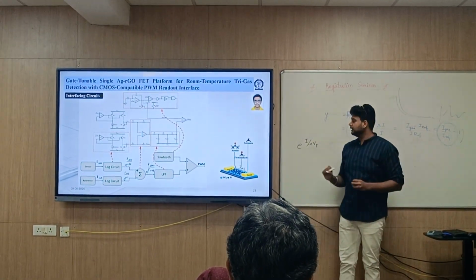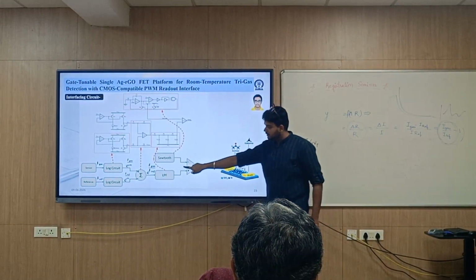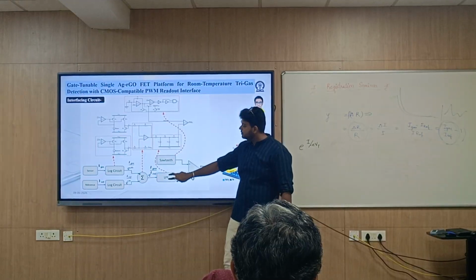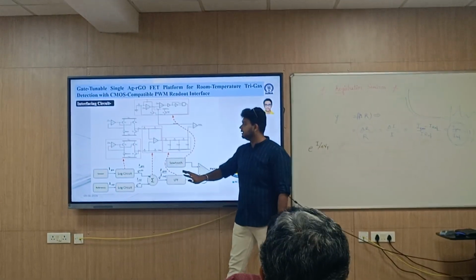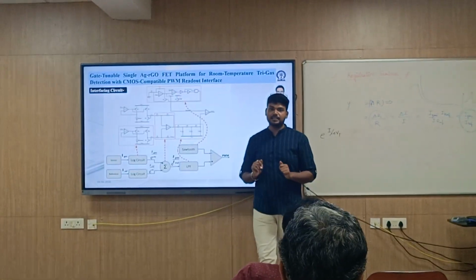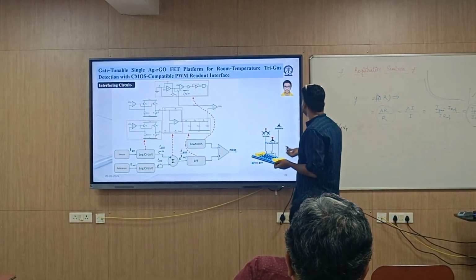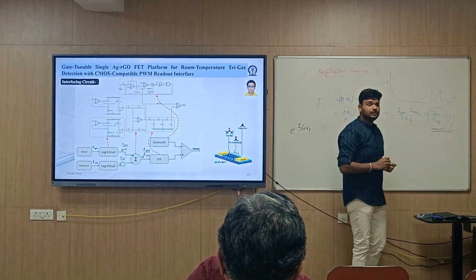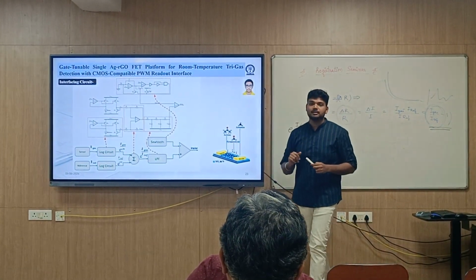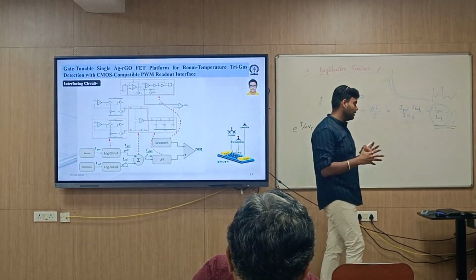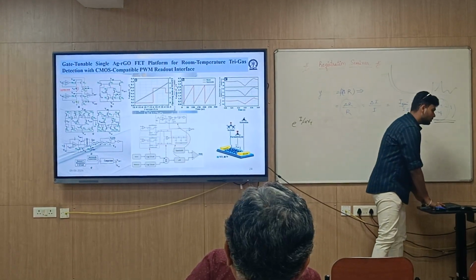From that we can derive the division by using this logarithmic block and the subtractor. We can divide the currents and implement this. One MTech fellow, Swapnil, was working with me on Cadence and the schematic.